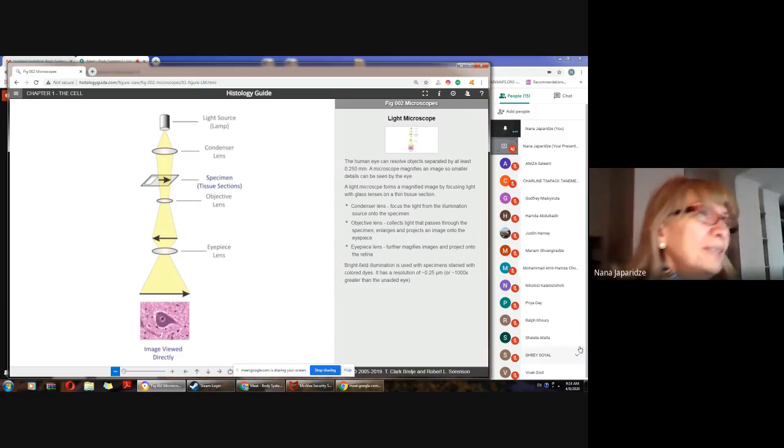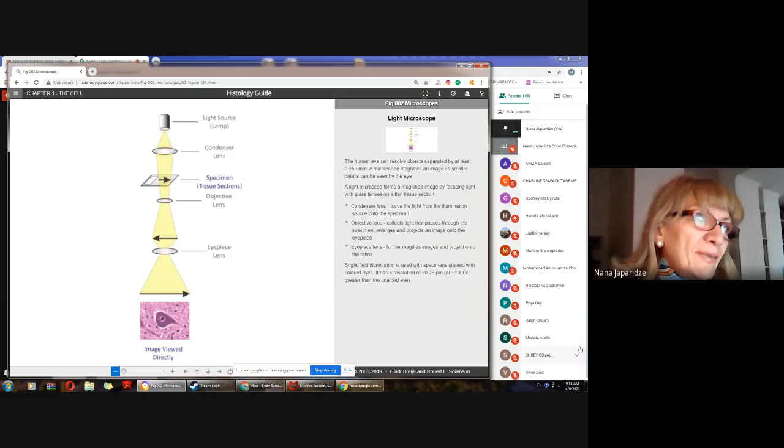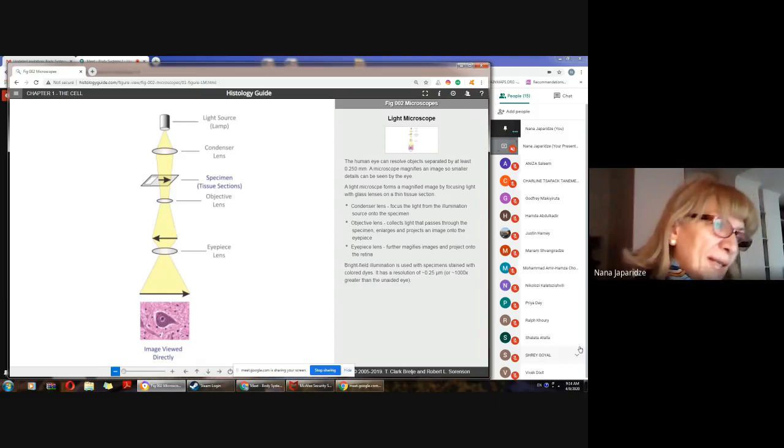Okay, let's get back to our tissue samples. As I have told you, we prepare these thin tissue slices, and then we put them on glass slides. The glass slide is covered with an appropriate substance, and via this substance the tissue slices adhere to the surface of the glass slide.